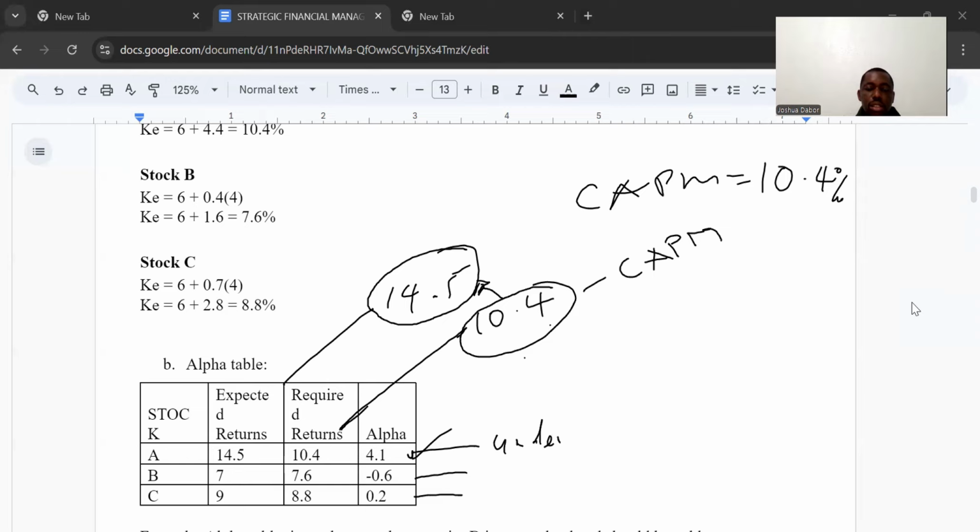So this is undervalued. If a security is undervalued, do you buy or sell more? It means you should buy more of that security. So the one with positive alpha is a good business, undervalued. The one with negative alpha is overvalued.